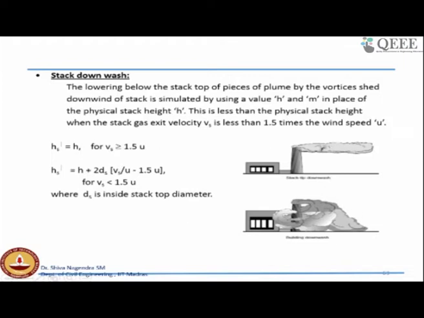The importance of stack downwash is that since it reduces the height, the concentrations will be much higher, because you are correcting the effective stack height. You make the corrections to the physical stack height by calculating the velocity of the emissions coming from the stack and the ambient wind, and estimate corrections to the physical stack height of the industry.